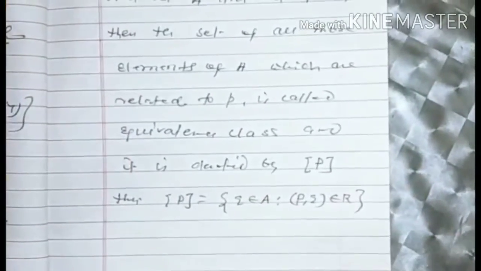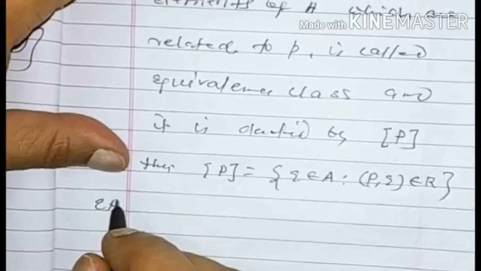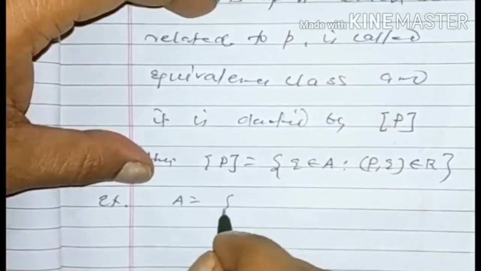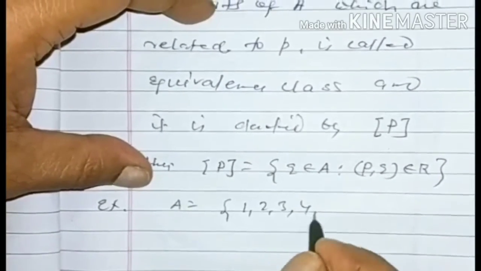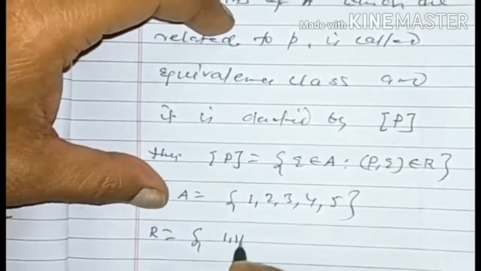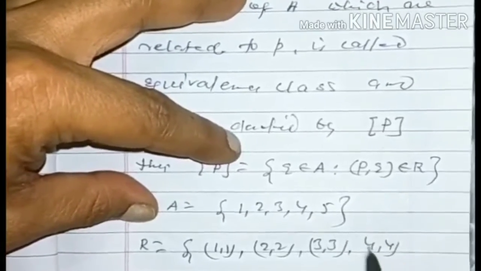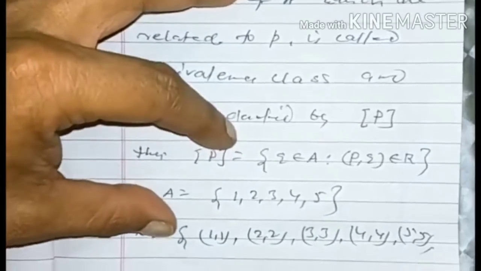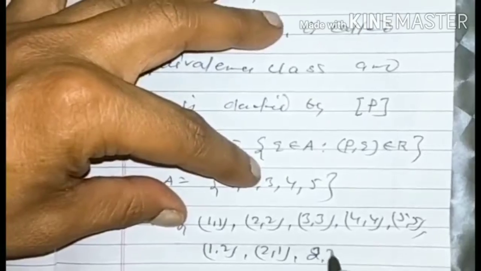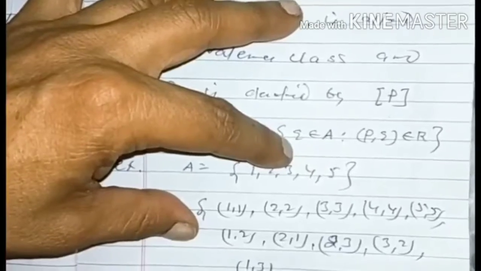First of all, we have to find, and we construct an example. Now we construct the example as follows: a set A whose elements are 1, 2, 3, 4, 5, and we establish a relation here: (1,1), (2,2), (3,3), (4,4), (5,5), (1,2), (2,1), (2,3), (3,2), (1,3), (3,1).